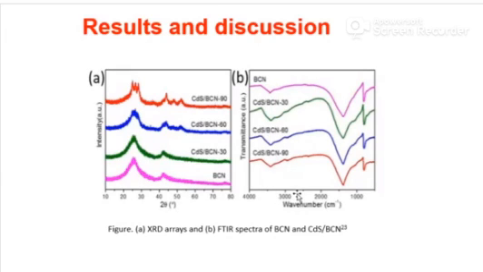The FTIR study in figure B was conducted for chemical examination, and the vibrational bands at 1380 and 780 were studied. Those are concerned with boron-nitrogen and boron-nitrogen-boron bond vibrations respectively. This shows the successful development of the BCN.